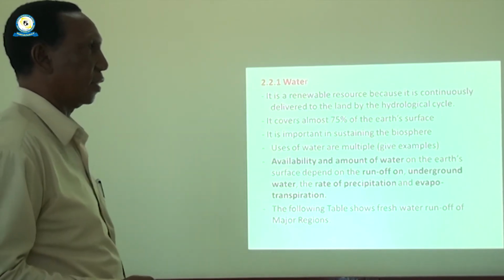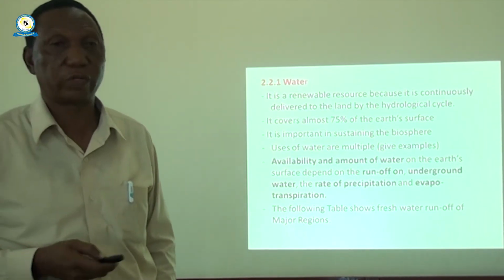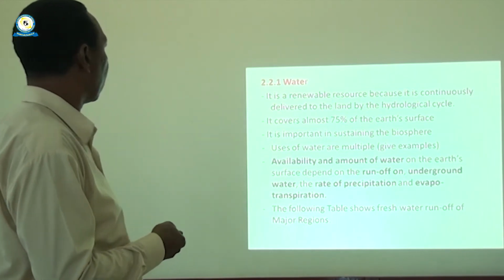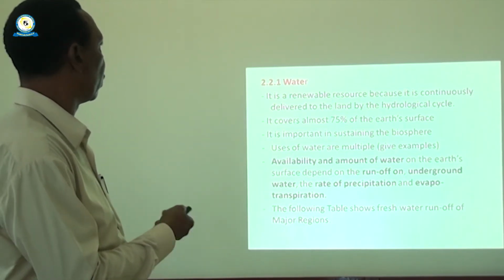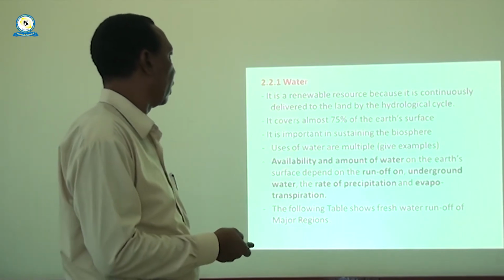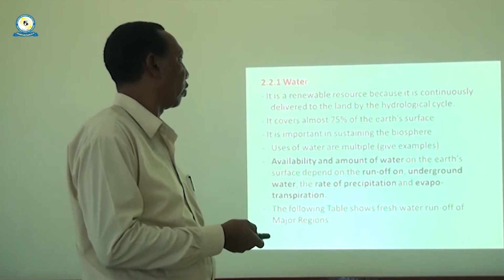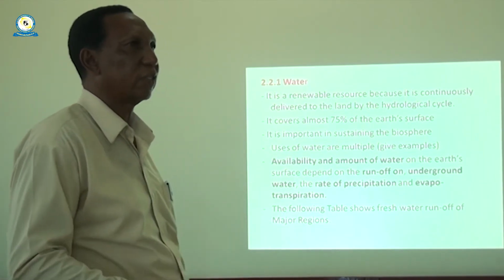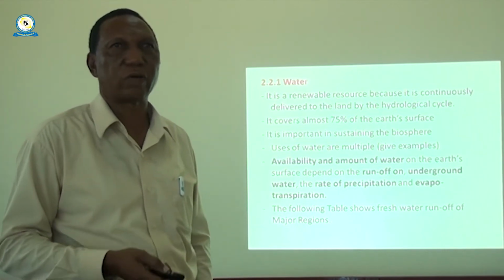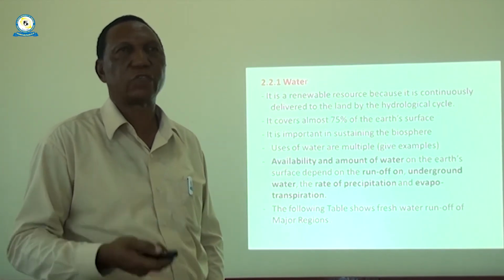Water is another resource. We are referring here to natural water. It is a renewable resource because of its continuous delivery to the land by the hydrological cycle. The hydrological cycle is always taking place, not seasonally.